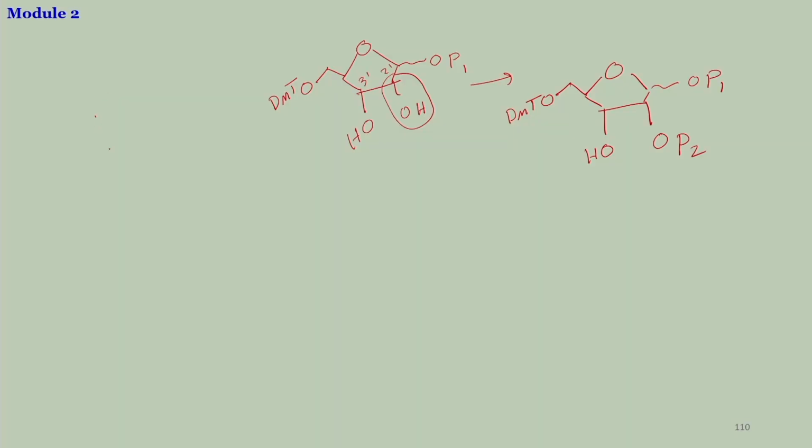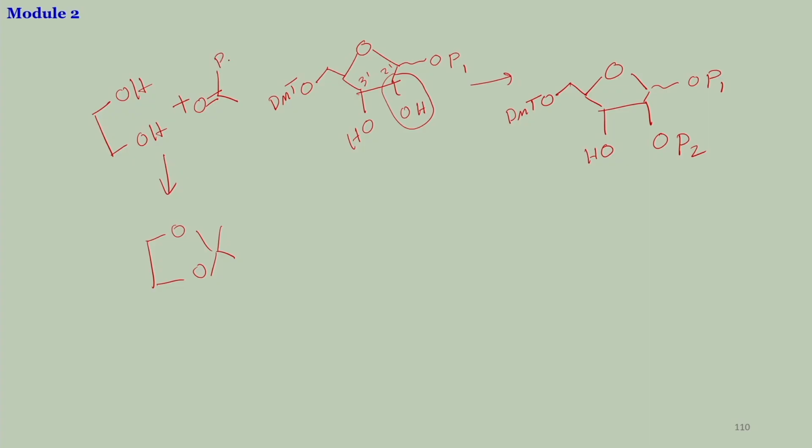I will quickly go through it, and then we will discuss the nucleic acid synthesis, the final part of this module. There are a few ways to do this. One of these is, if you remember, that if you have a diol and you treat this with a carbonyl compound, an aldehyde or a ketone, then they form an acetal or ketal.